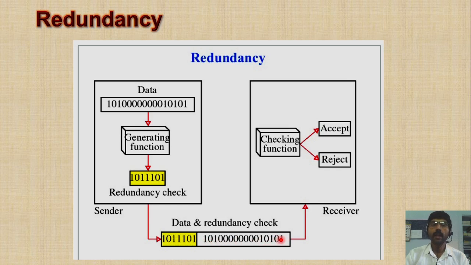Whatever redundant bits are calculated are compared with the transmitted redundant bits, meaning the sender's redundant bits are compared with the receiver's redundant bits. If both match, that indicates the data is not corrupted and the redundant part is removed. When comparing the redundant bits, if there is no match, the data is corrupted. That is identified here.